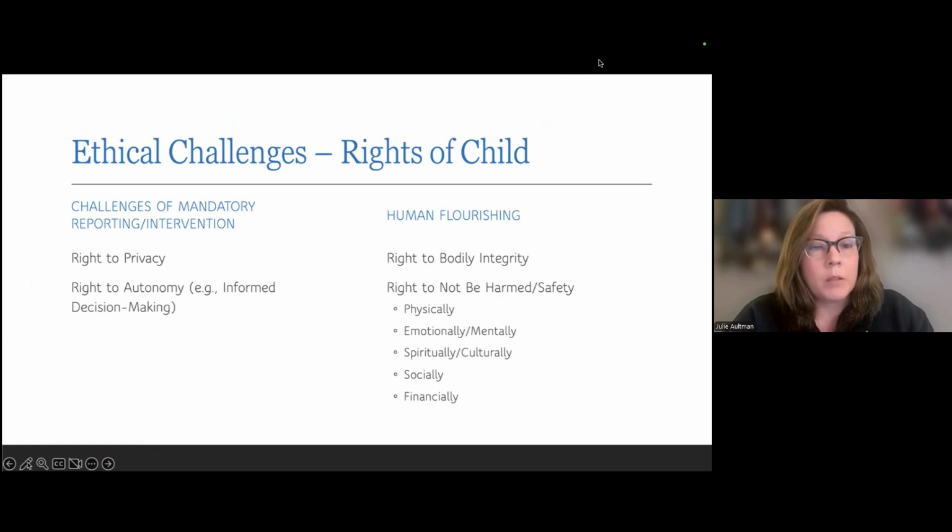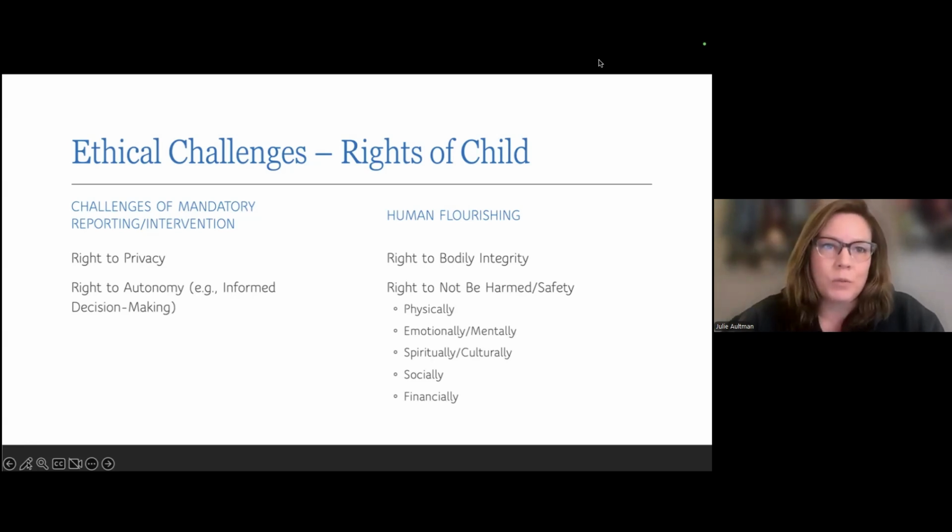And one of them is the right to privacy. Particularly children of adolescent, teenage years desperately want to have their stories told. They want to have a voice, but they also want to have that privacy. And the challenge is how to maintain respect for the individual who is sharing deeply, often very troubling instances of abuse and neglect.